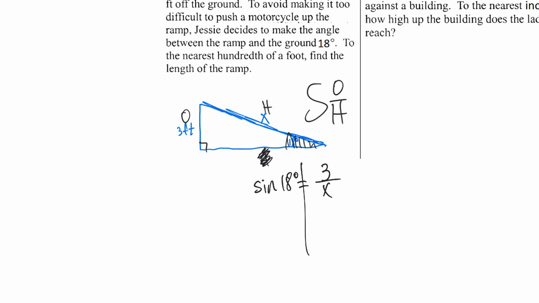So sine of 18 is 0.31. X is on bottom, so we're going to divide 3 divided by 0.31. And that's going to give us about 8 feet? Somewhere around there.